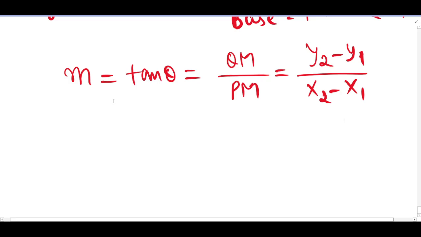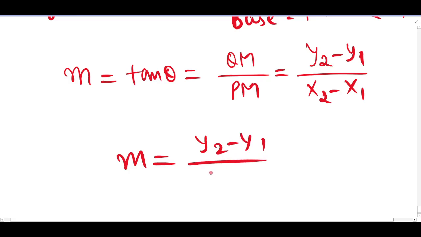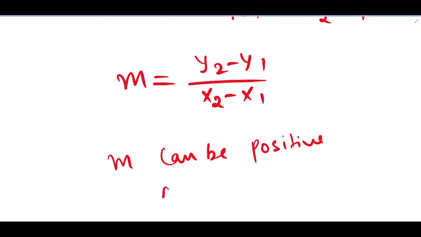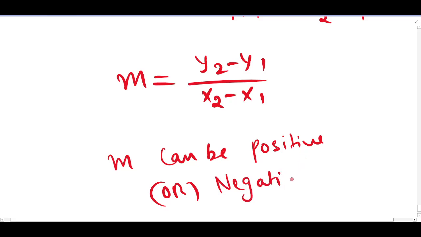Therefore the slope of a line whose coordinates of any 2 points are given is y2 minus y1 divided by x2 minus x1, where slope can be positive or negative depending on the value of the inclination angle.